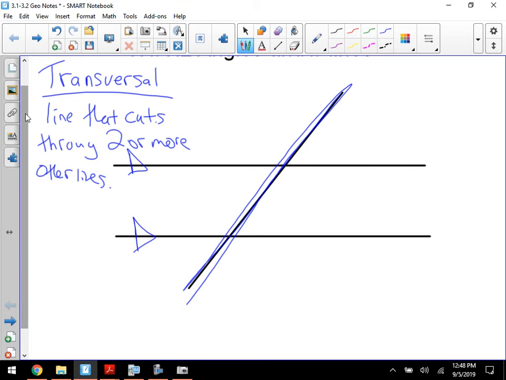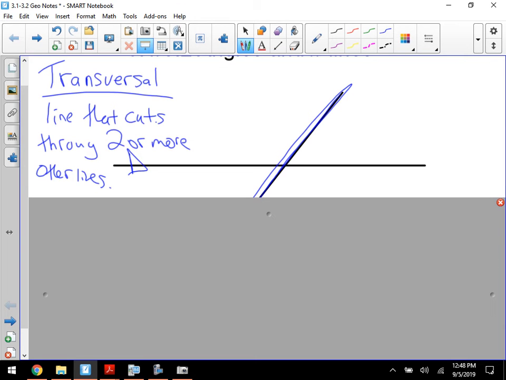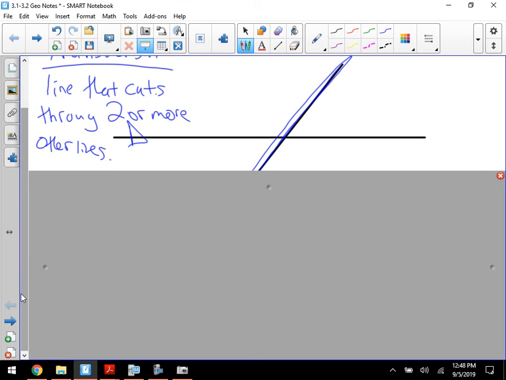Now, one of the things that we did in the previous chapter is that we talked about when two lines intersected. I hope that vaguely rings a bell. It wasn't that long ago, right? We learned about angle pair relationships with two lines. For our example here, let me label this 1, 2, 3, and 4.